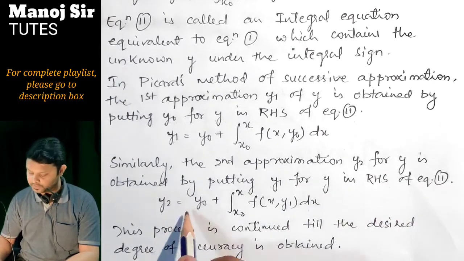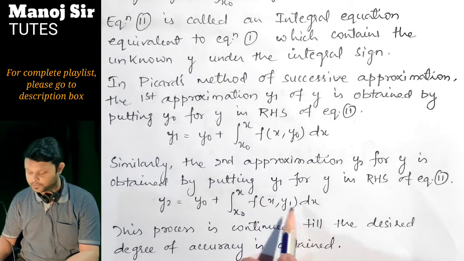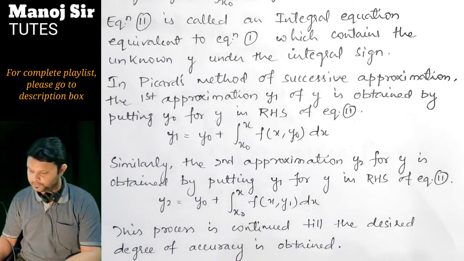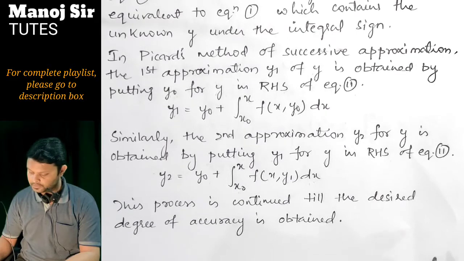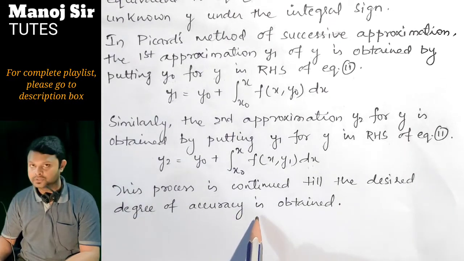That is, y2 is given by y naught plus the integral from x naught to x of f of x comma y1 dx. Now this process is continued till the required degree of accuracy is obtained.